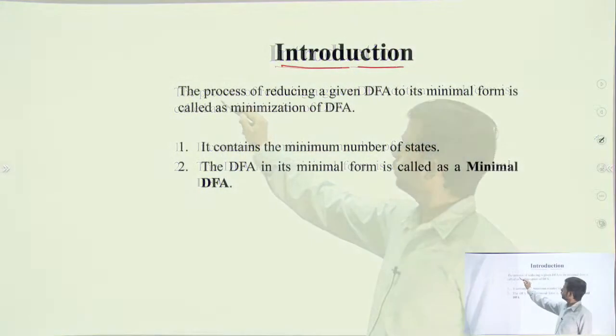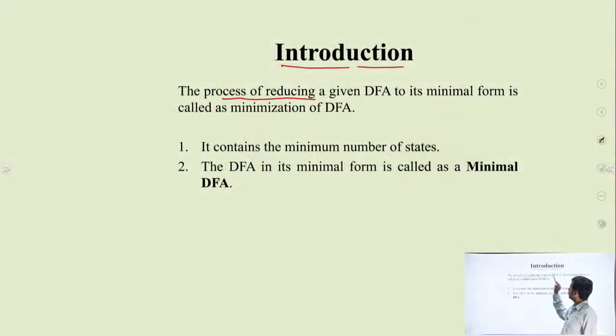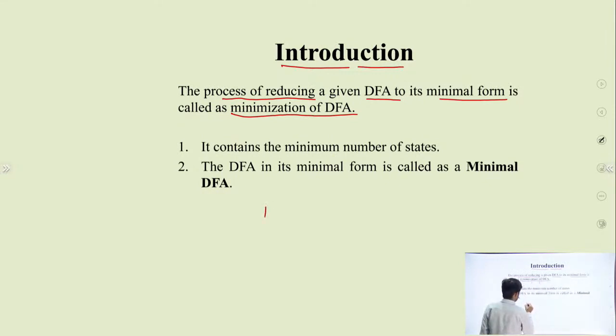The process of reducing a given DFA to its minimal form is called minimization of DFA. What does it mean? We minimize the number of states. There is one DFA, and we perform the minimization on it.